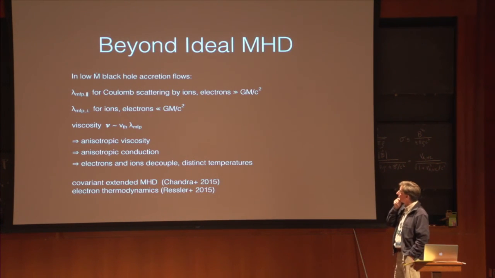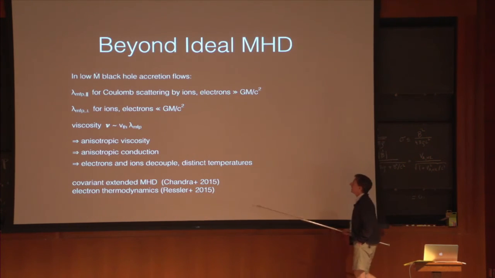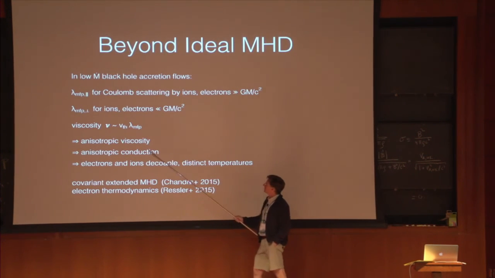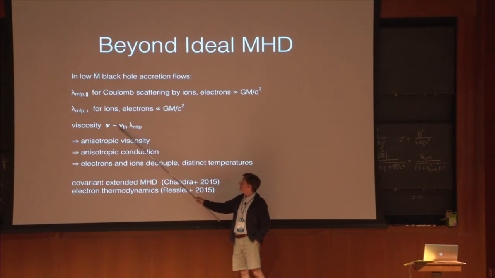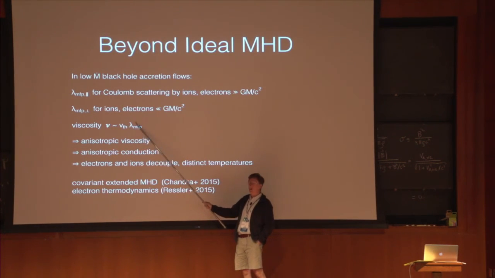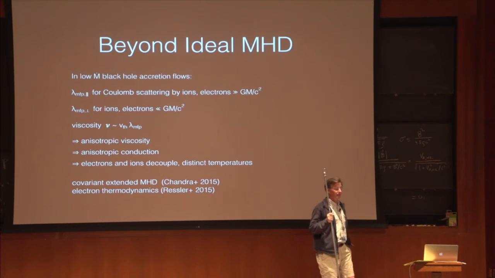Okay, so if the mean free path is large, you might think that the associated viscosity, which is usually written as the thermal velocity or the sound speed multiplied by the mean free path, would be large, and that the viscosity might play a significant role in the evolution.